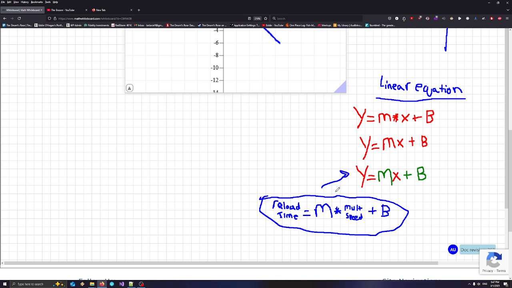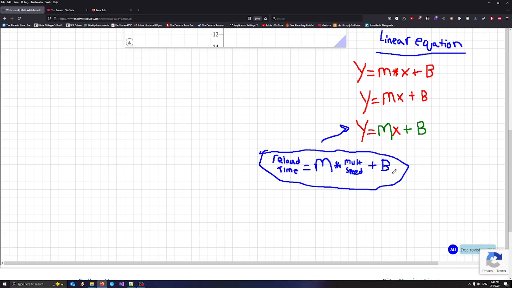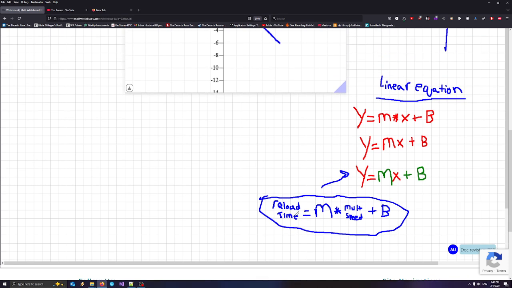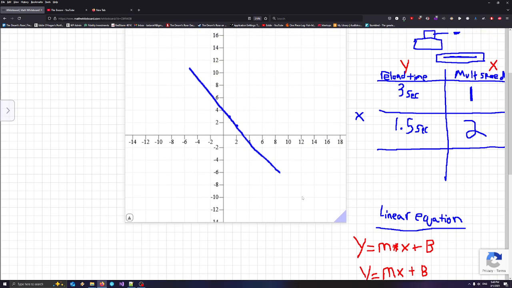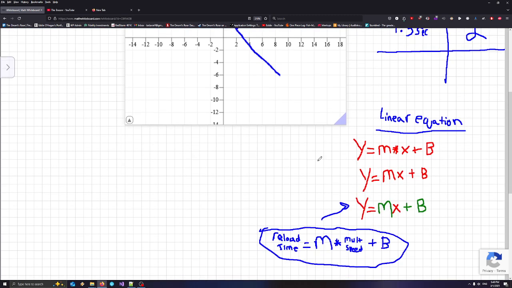I just wrote out what y and x are, so it's a little bit easier to not get overloaded with too many symbols. We'll eventually be able to solve for both. If we have the reload time, we can get the mult speed, and if we have the mult speed, we can get the reload time. And that's where some algebra comes into play, to switch things around, but we'll get to that a little later.